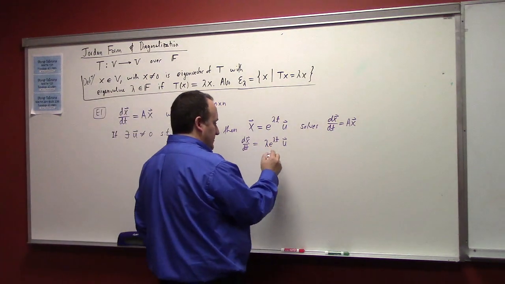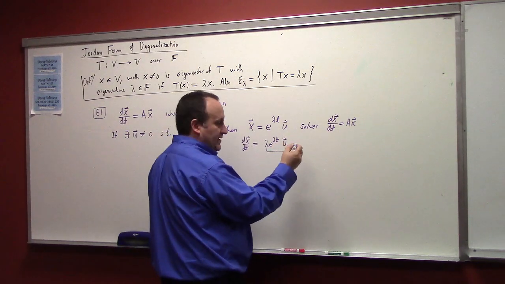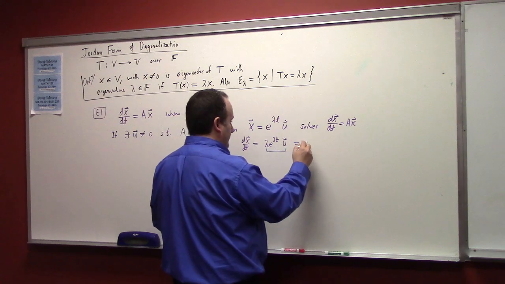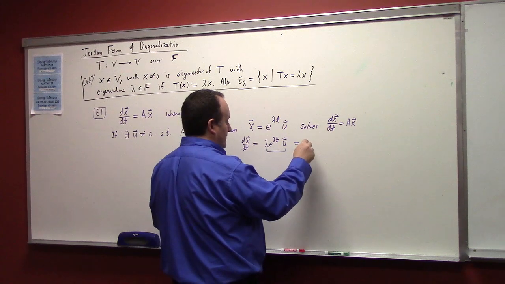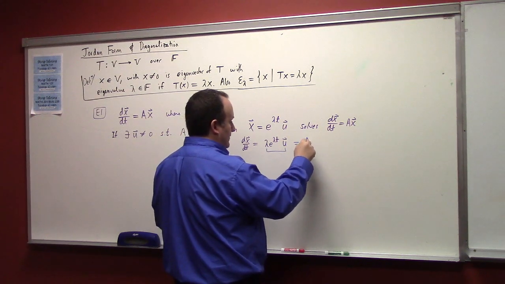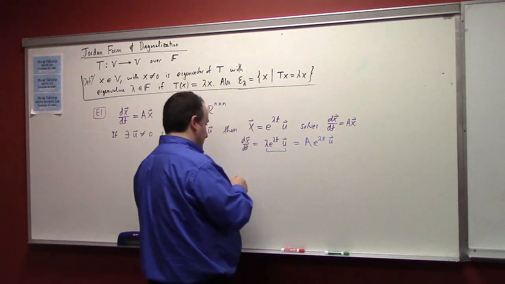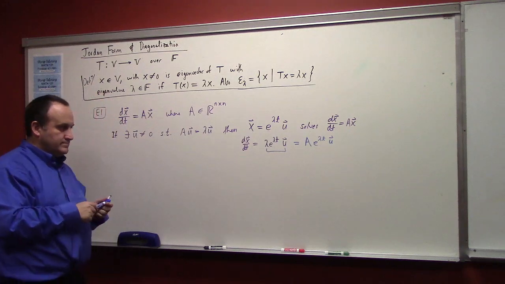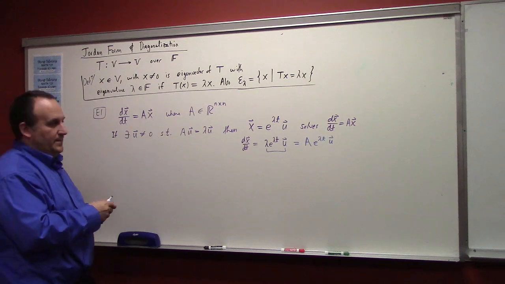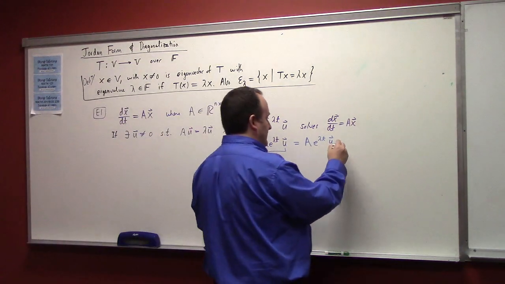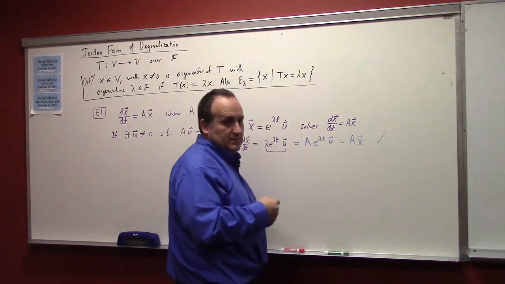Then lo and behold, you've got the lambda and the u, and those go together to give you A e to the lambda t u. Because lambda u is equal to Au, right? Which means this is equal to Ax, which means, hooray, we solved it.